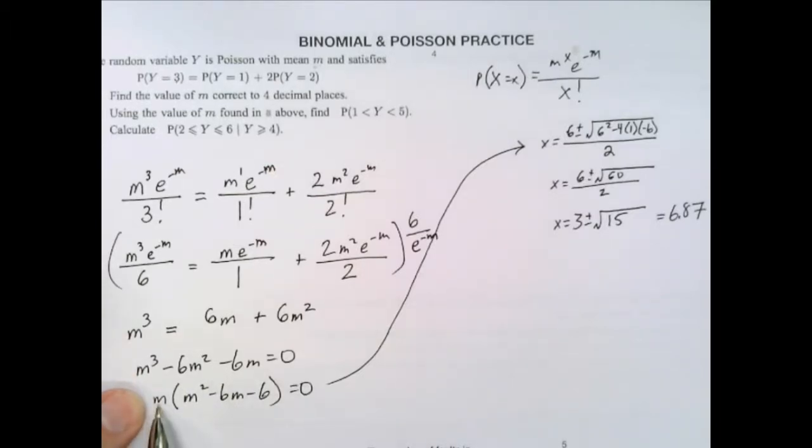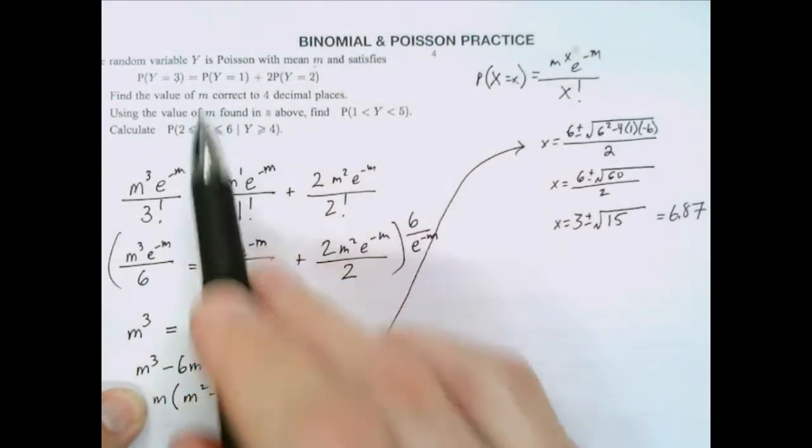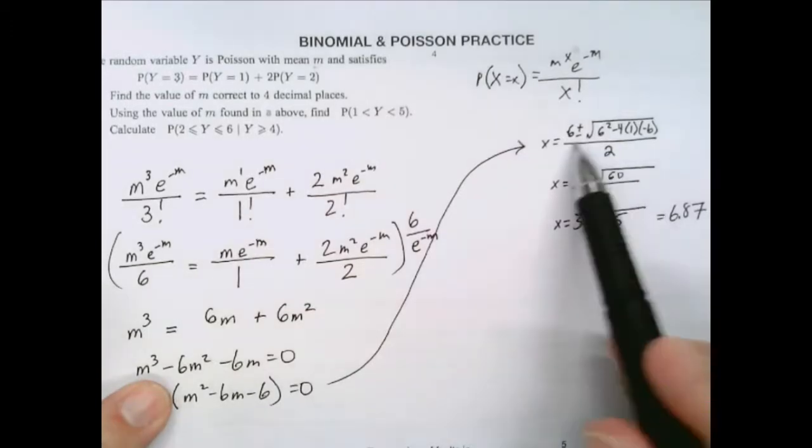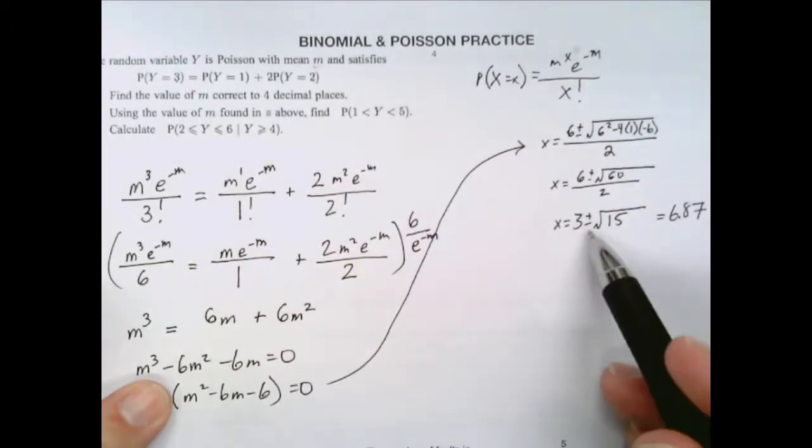At this point I recognize that m is my mean, it's also my variance. So unless the variance is 0, it probably is not important for it to be there. The variance is not 0, so that's not really a solution. Then I solved this using the quadratic formula. I got a plus and minus.